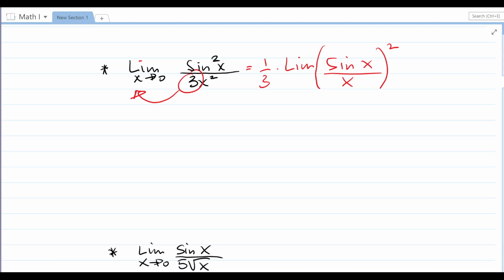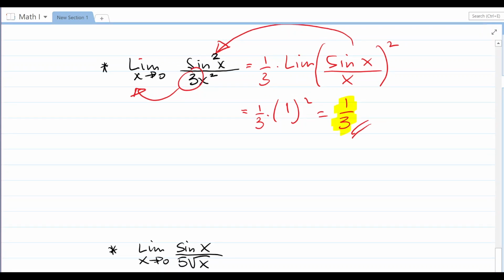So this part here is essentially sine square x over x square, the bottom here. So therefore this is equal to 1 over 3 times, you know that sine x over x equals 1, and the square of that is simply 1. The answer is therefore 1 over 3, the final answer.